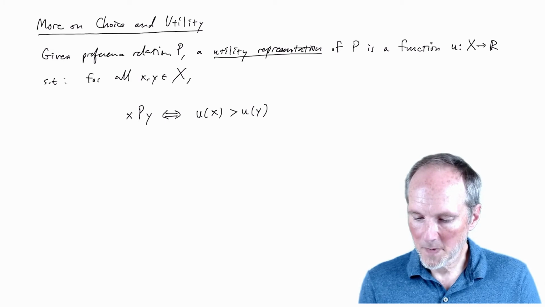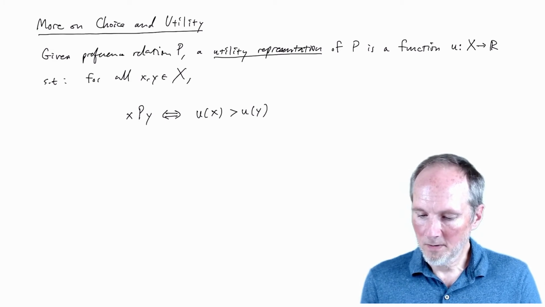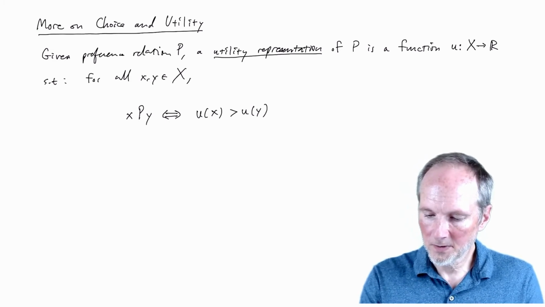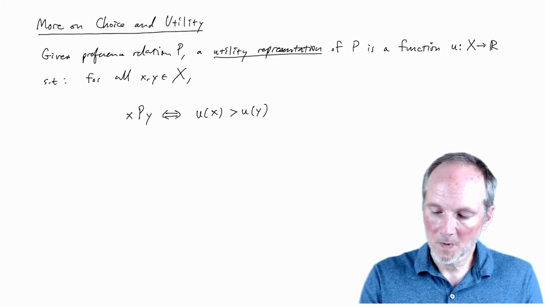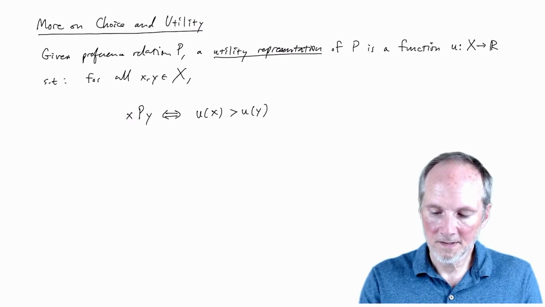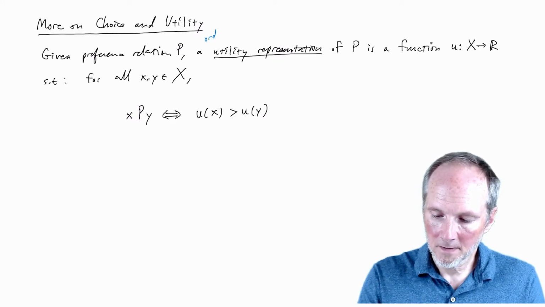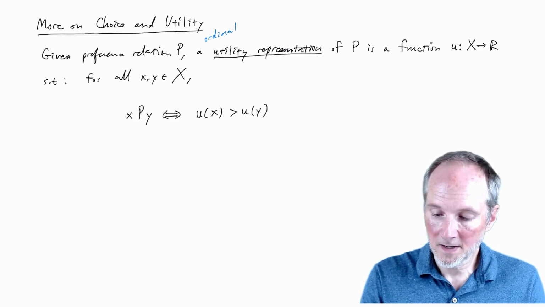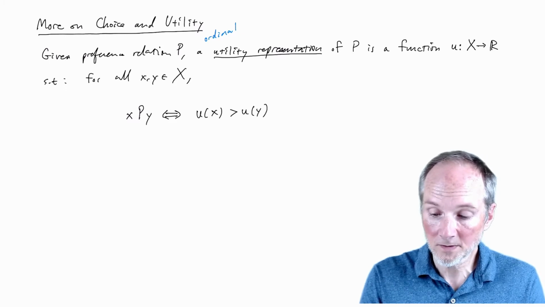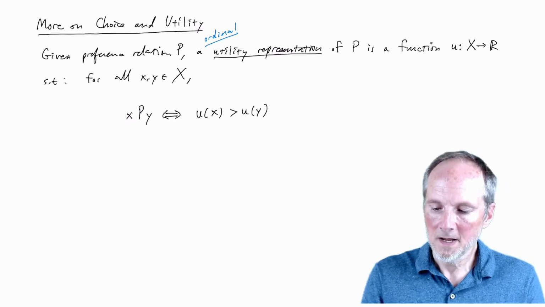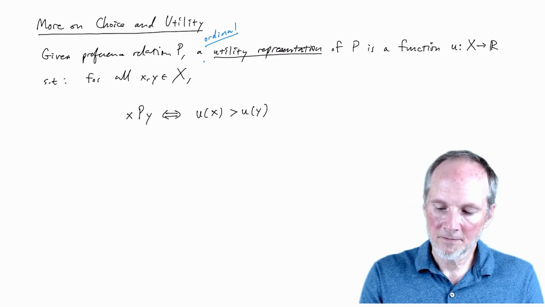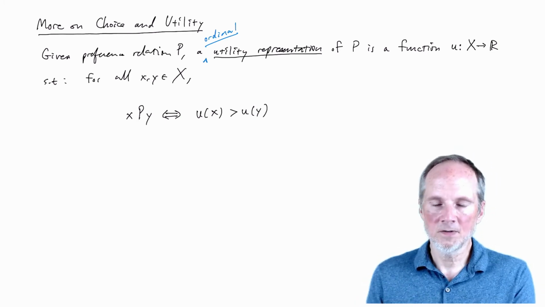One other item to include: we can just use the term utility representation for now, but a lot of times people will say ordinal utility representation to distinguish it from other ways of using utility.